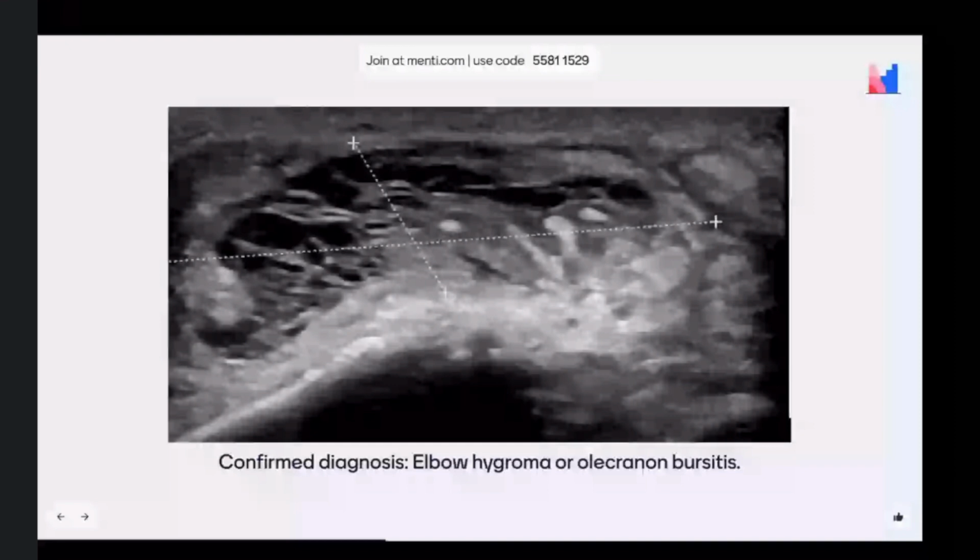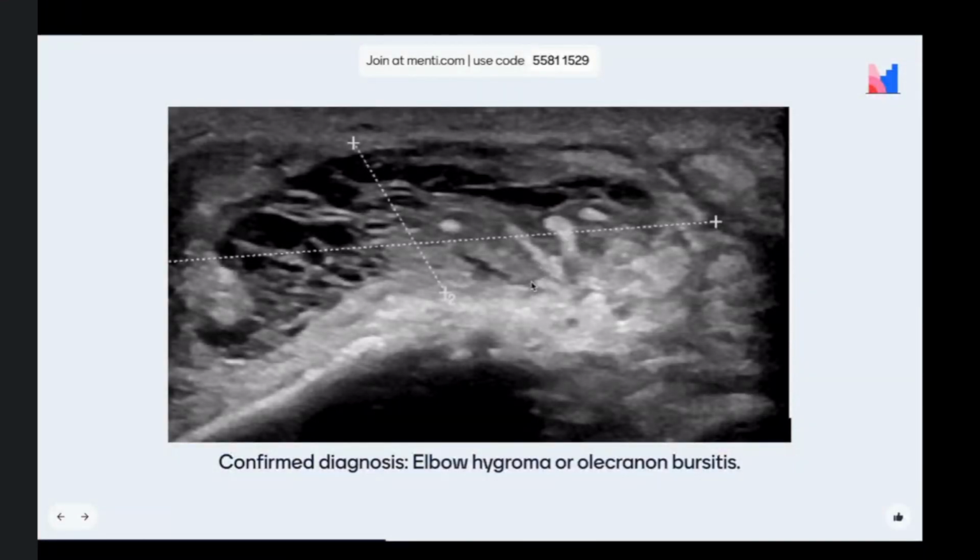As you can see here, there is an oval-shaped, circumscribed lesion of the olecranon bursa of the left elbow with a hyperechogenic periphery. There is also the fluid echostructure and the multilocular appearance, featuring distinct hyperechogenic fronds within the lesion. Here are the fronds that you can see. All of these indicate that it's an elbow hygroma.